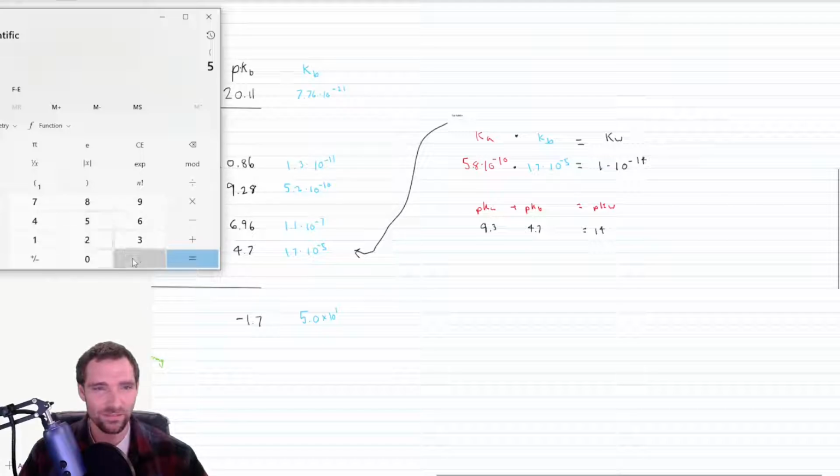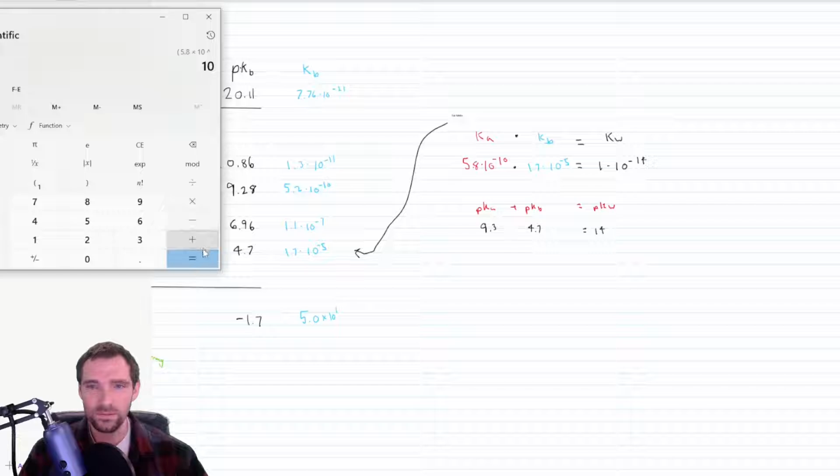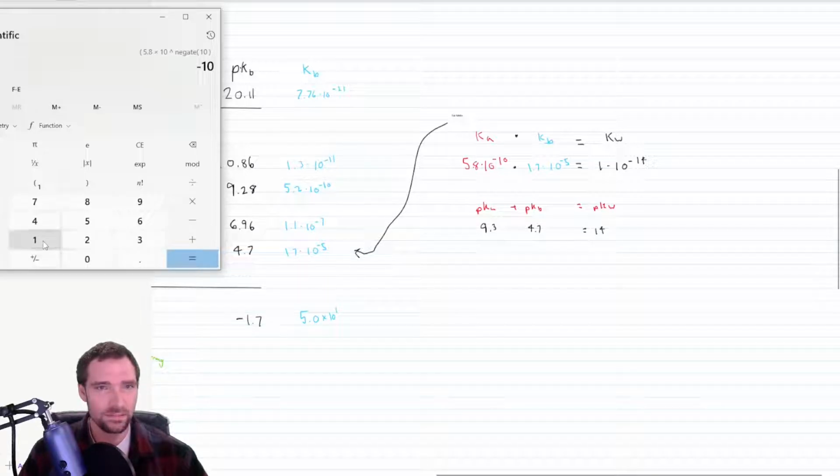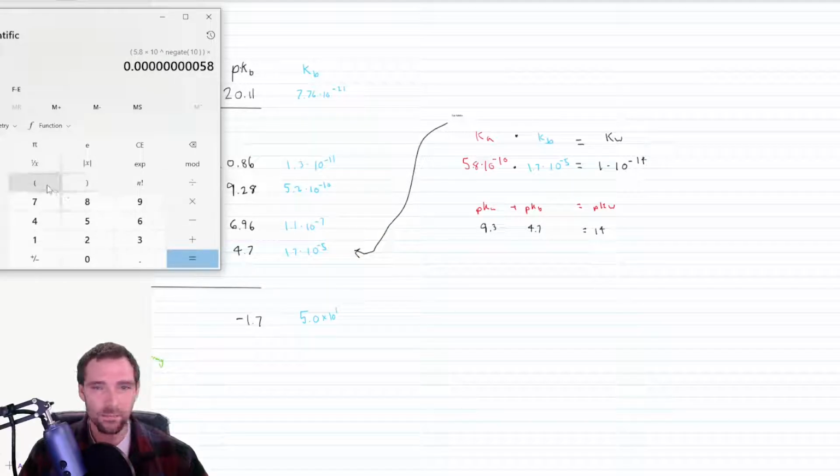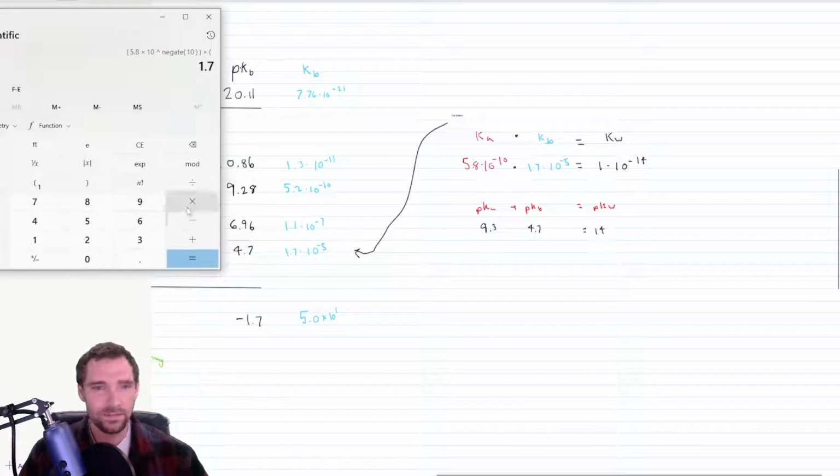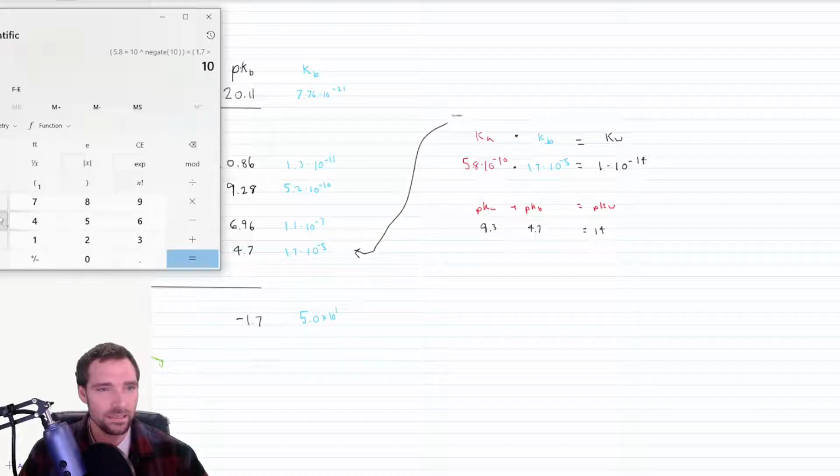We can do the 5.8 times 10 to the negative 10 power, and then we're multiplying that by 1.7 times 10 to the negative 5th power.